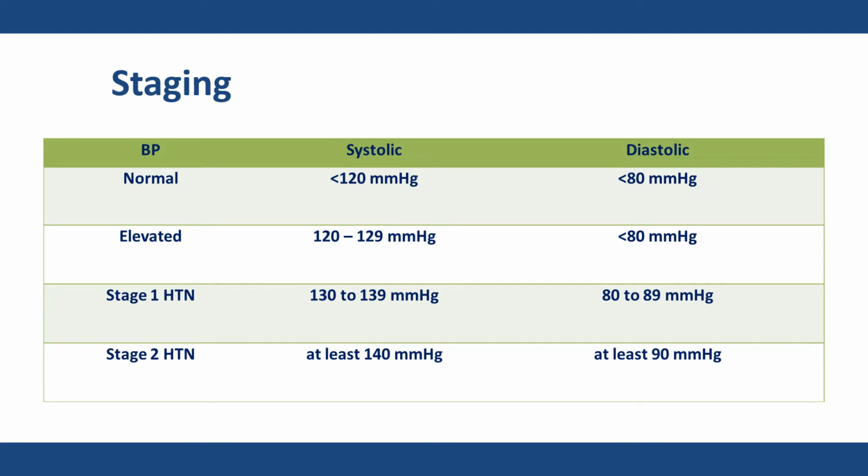But one thing we all have agreed on is that systolic blood pressure of greater than 150 is bad, and we must treat that. Now the question is, who do we treat? Do we treat everybody?